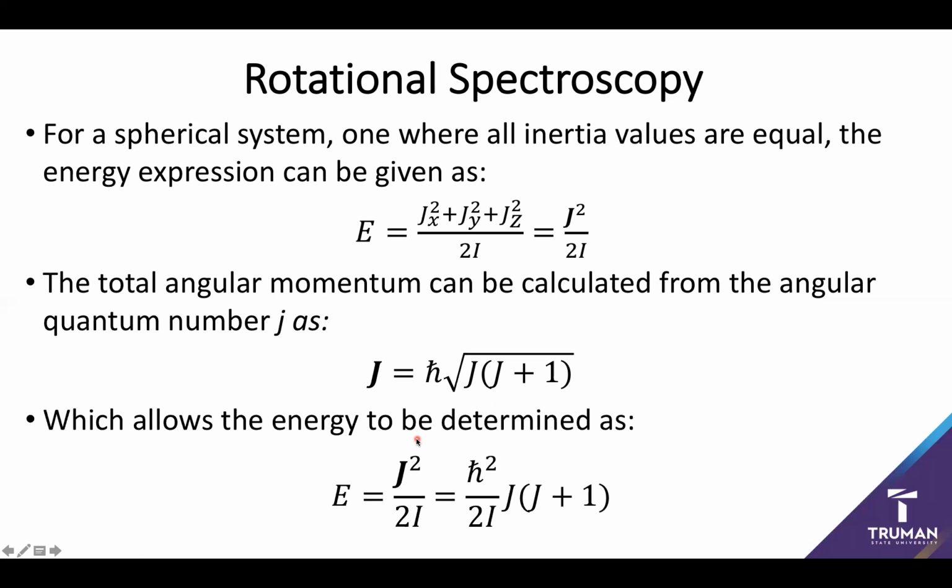In this case, we actually get fairly lucky, as we've pre-solved most of this when dealing with a simple diatomic rotor. None of the equations really change because we're still only dealing with one single moment of inertia.